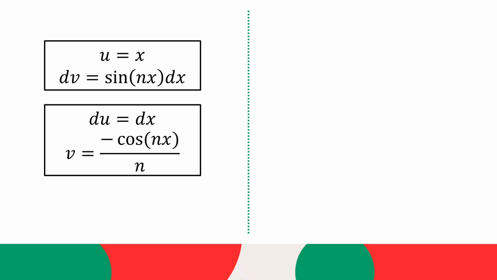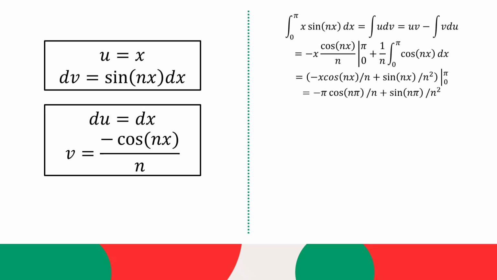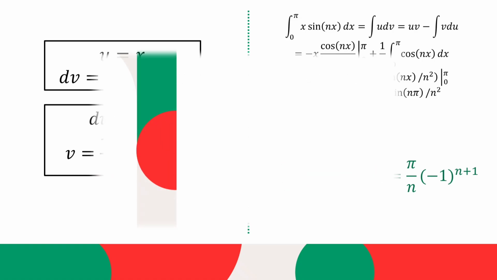Since we know that cosine of n pi is equal to negative 1 to the n plus 1, and sine of n pi is equal to 0, the integral from 0 to pi of x sine of nx dx reduces to pi over n times minus 1 to the n plus 1.